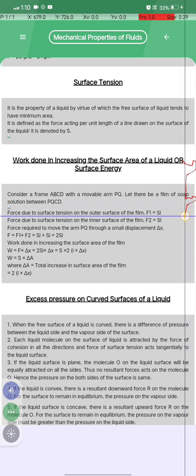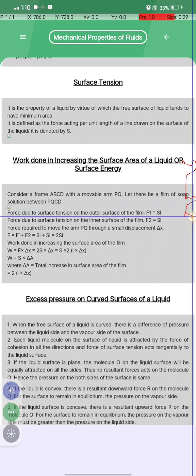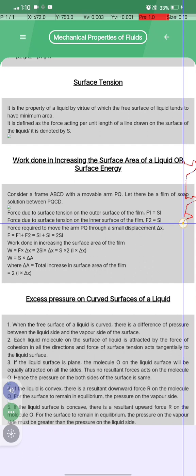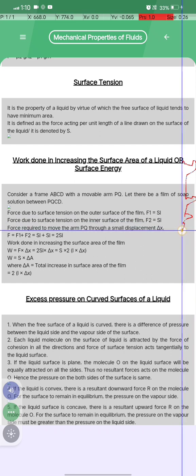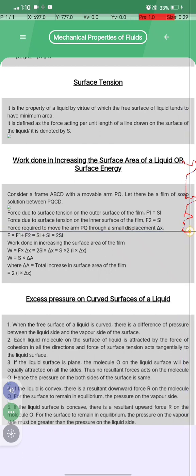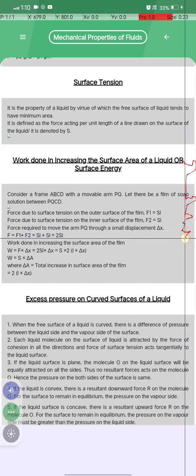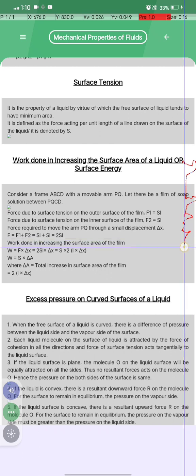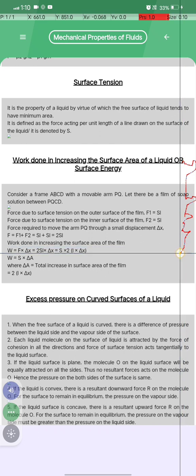Force due to the surface tension on the outer surface of the film is F1 equal to Sl, and force due to surface tension on the inner surface of the film is F2 equal to Sl. The force required to move arm PQ through a small displacement delta x is F equal to F1 plus F2, यानी Sl plus Sl, which is 2Sl. The work done in increasing the surface area of the film is W equal to F del x.